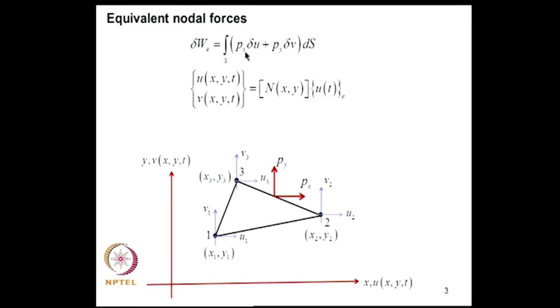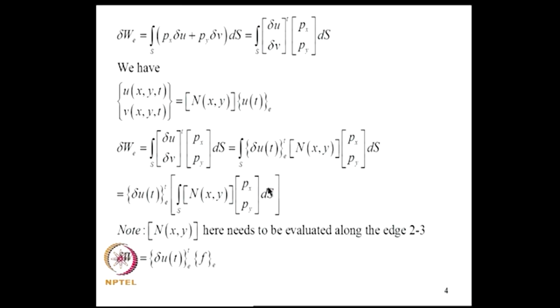Suppose Px and Py are the distributed loads along the edge 2, 3. Now, I want to find the equivalent nodal forces because of these forces. So, Px and Py are distributed along this edge 2, 3. The virtual work is given by this expression, and the displacement field we are interpolating in terms of nodal degrees of freedom as shown here. Now, along this edge, this virtual work can be written in terms of virtual displacement and applied forces as shown here.